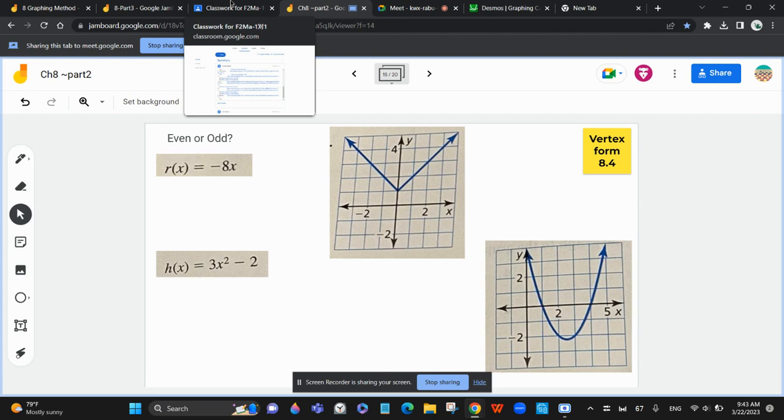So okay, I explain the even function. Any function that is symmetric about the y-axis, meaning if we reflect it through the y-axis, the image will be symmetric on the y-axis, it is even.